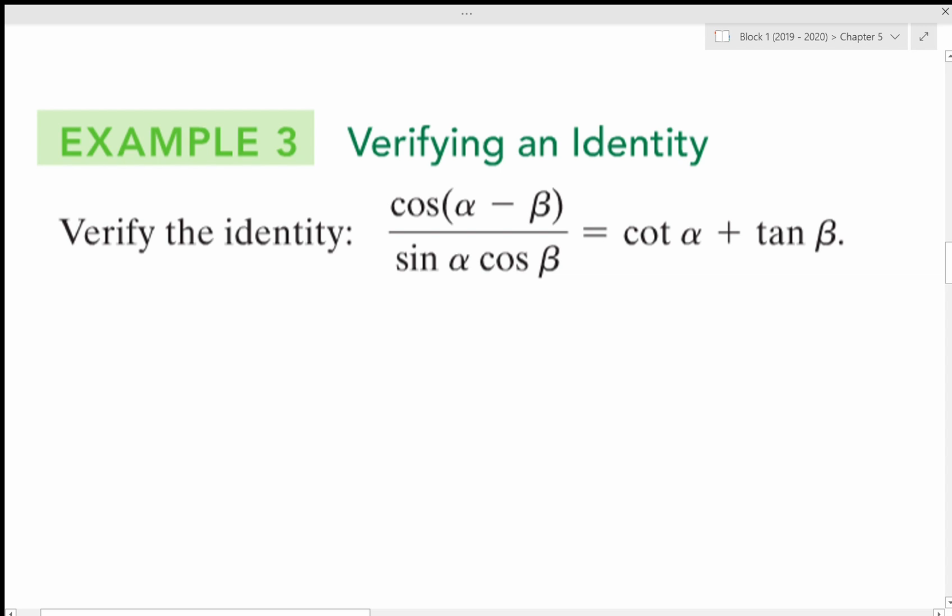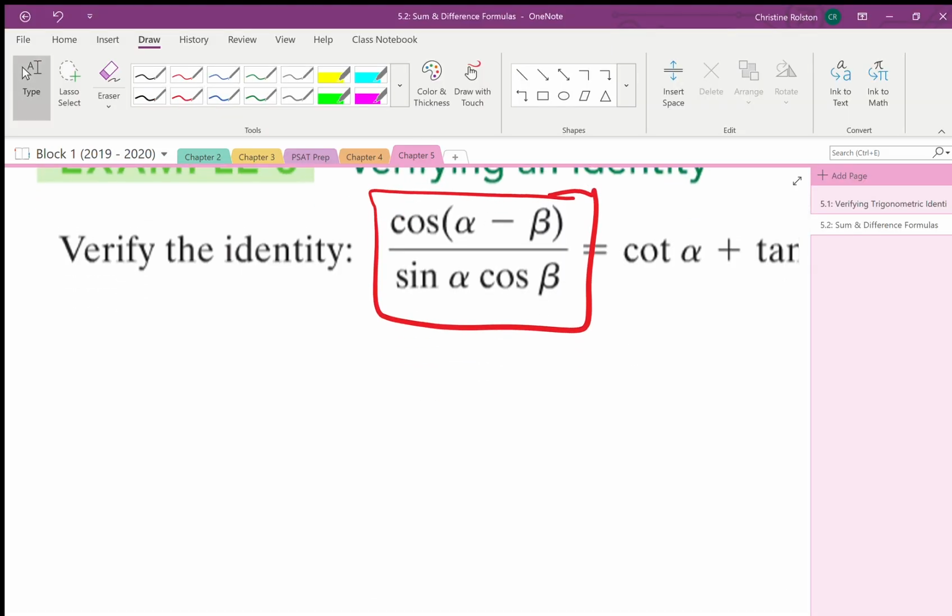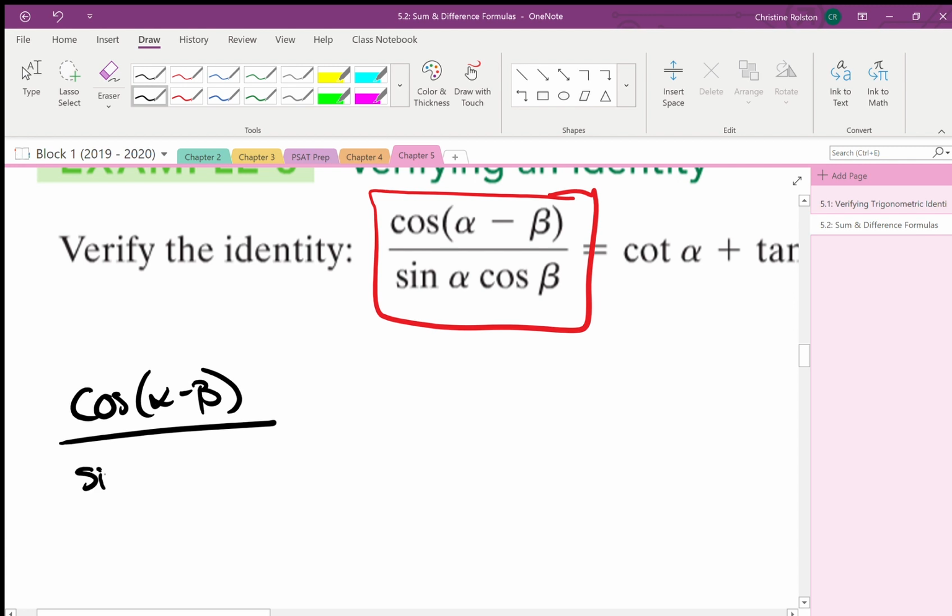I suggest work with the left side. So, I'm just going to do it this way. So, cosine alpha minus beta all over sine alpha cosine beta.